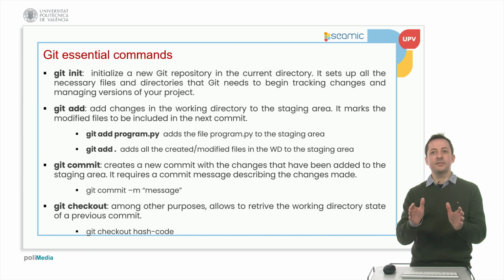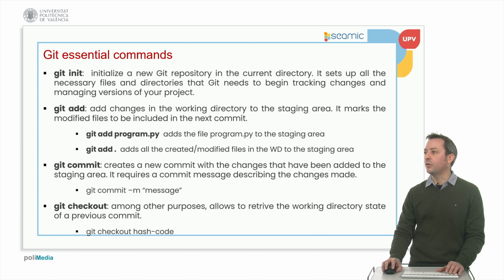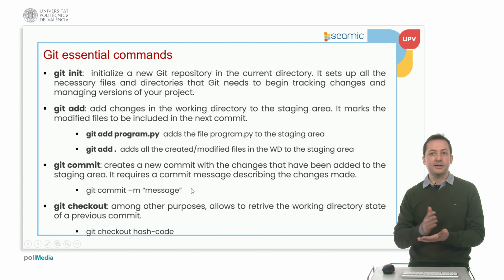Then, when we have some files in the staging area, we can perform the git commit operation that creates these snapshots according to the changes that we put in the staging area. The git commit needs a message, given with the flag m, and this message allows us to track which changes have been carried out in this specific commit.